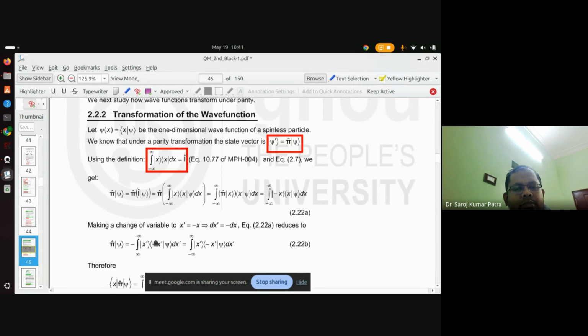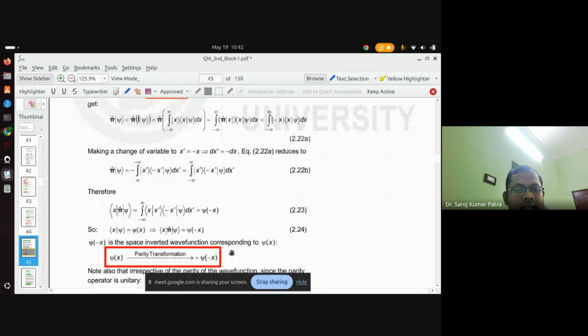Since these primes are basically dummy variables, and also this one, minus of infinity to minus infinity will become minus infinity to infinity, I can simply write it as |x'⟩⟨−x'|ψ⟩ dx'.